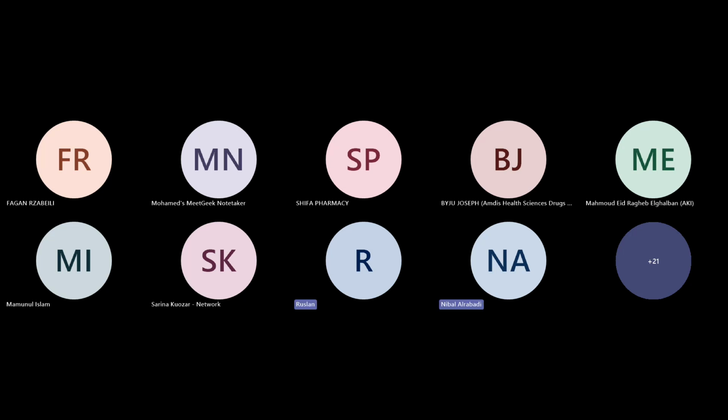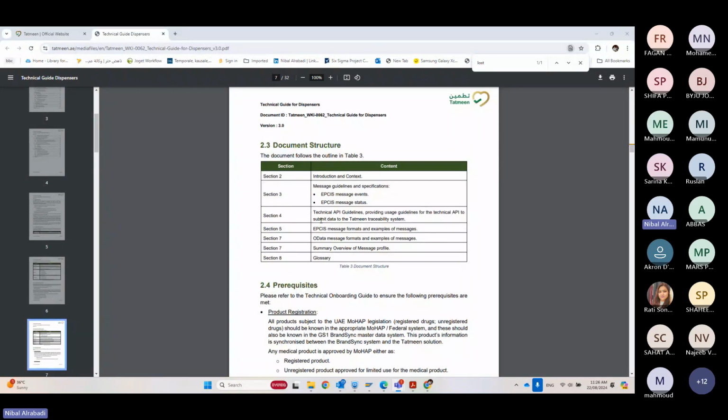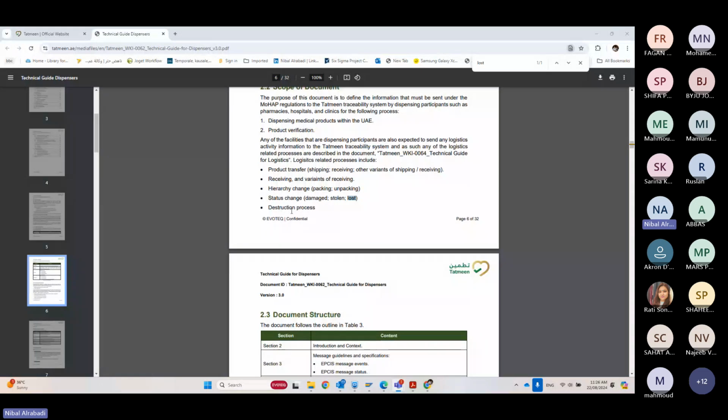Okay, I will read it again. Maybe I didn't find it. The document structure, let me share my screen so that you can have a look. The document structure for each of the messages that a pharmacy can do is in the technical guideline.